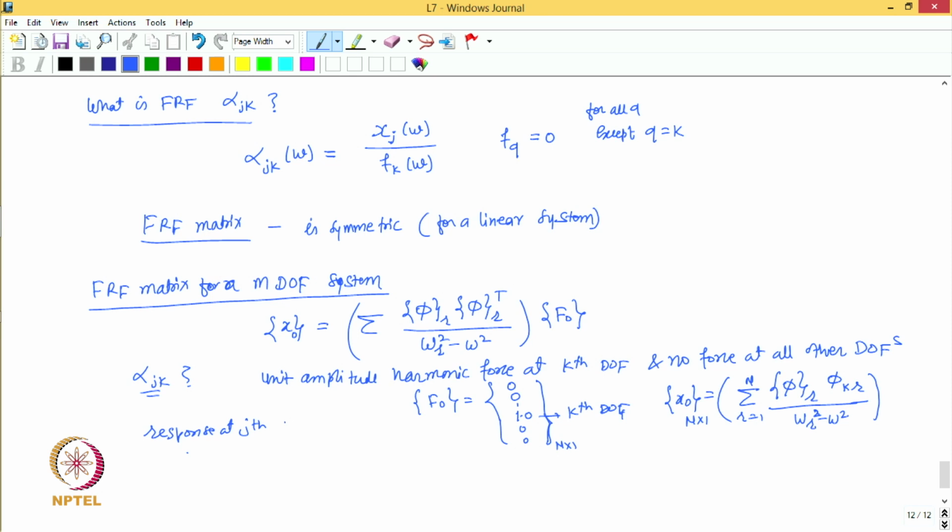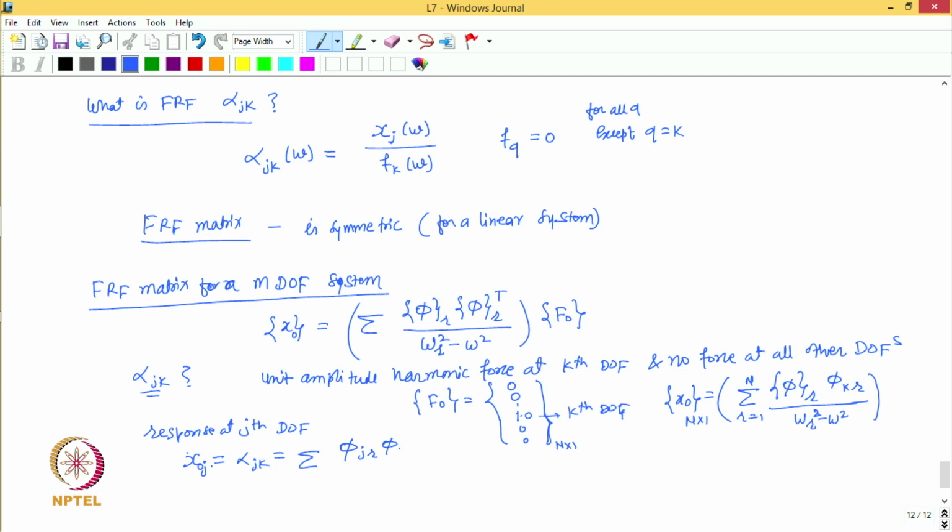So we can just find out the response at the jth DOF, and that would be simply x naught j, and that would be nothing but alpha jk, and we get from here phi j r, right. So only the jth element of the rth eigenvector will be remaining here.